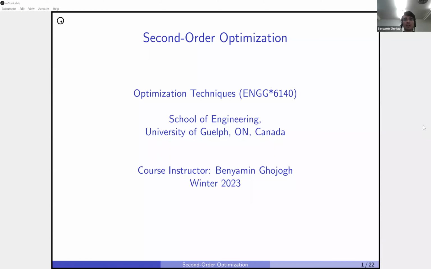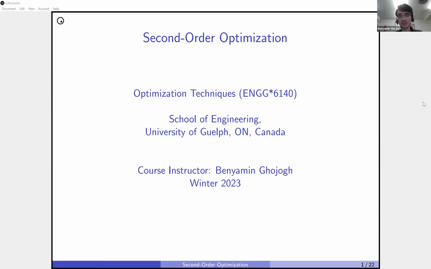Let me share screen. Okay, so far we started with preliminaries, then first order methods, then linear programming, then integer linear programming, sensitivity analysis, and then first order methods, and now we are going to talk about second order optimization.